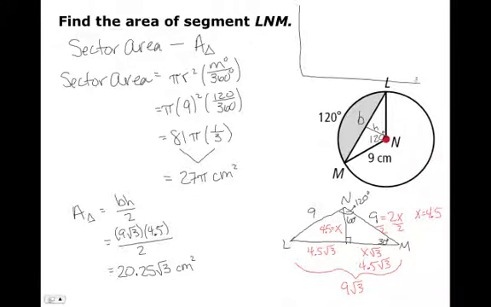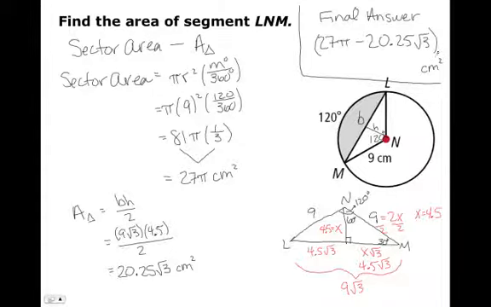So my final answer is the sector area of 27 pi minus the area of the triangle of 20.25 square root of 3 centimeters squared. That is the exact area of the segment of the circle. If you needed the approximate, all you'd have to do is type it in the calculator and get your decimal approximation. But remember to organize your thoughts so you don't miss any steps.